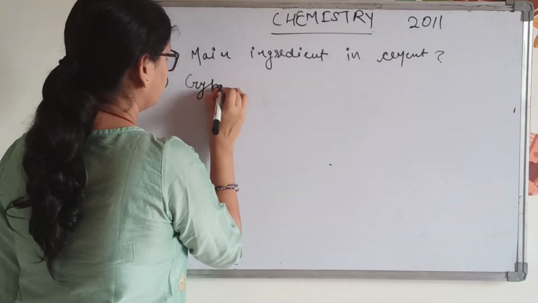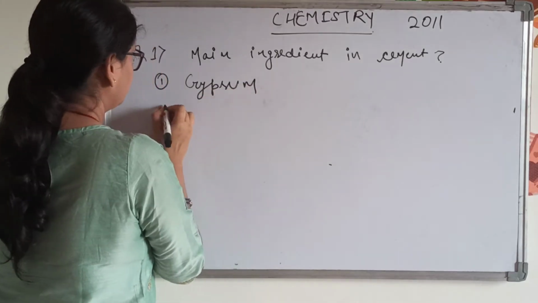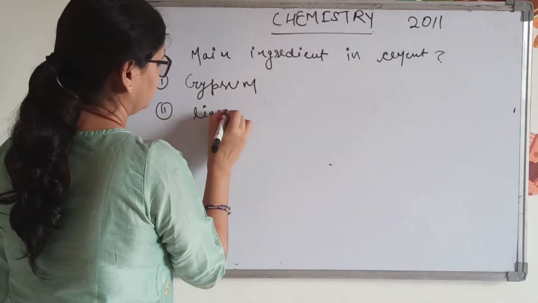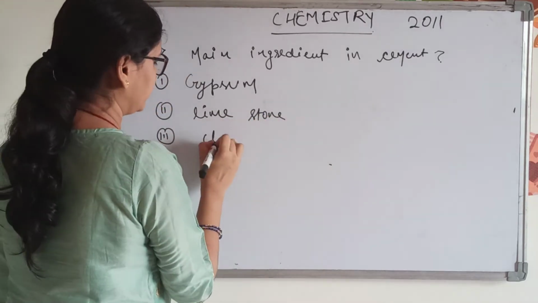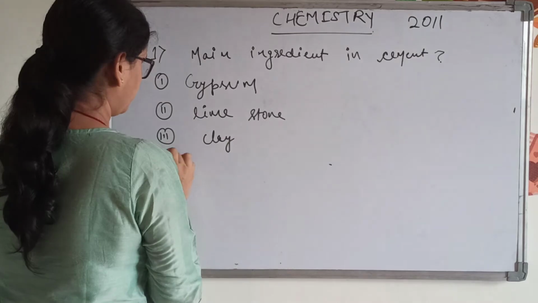First option, gypsum. Second option, limestone. Third option, clay, and the fourth option, ash.